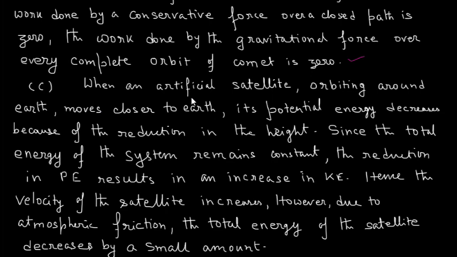When an artificial satellite orbiting around Earth moves closer to Earth, its potential energy decreases because of the reduction of the height. Since the total energy of the system remains constant, the reduction of potential energy results in increase in kinetic energy. Hence, the velocity of the satellite increases. However, due to atmospheric friction, the total energy of the satellite decreases by a small amount. Let us see the next question.